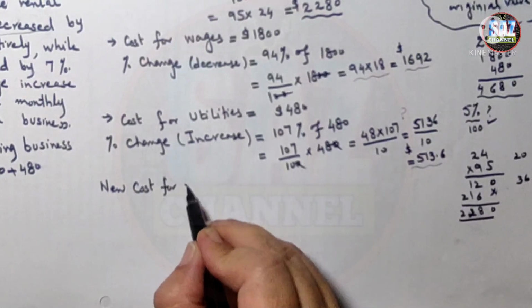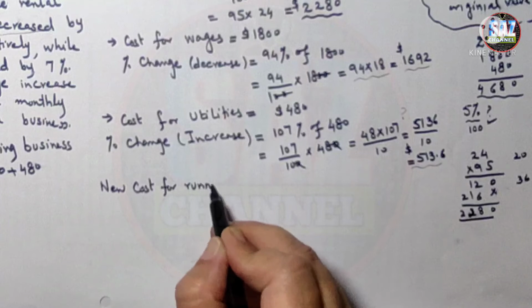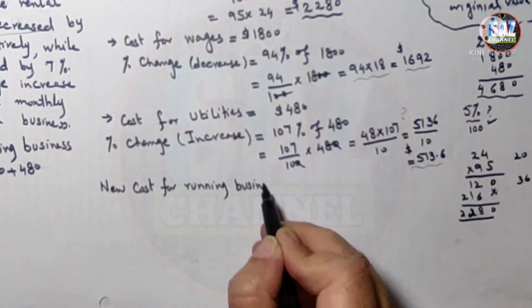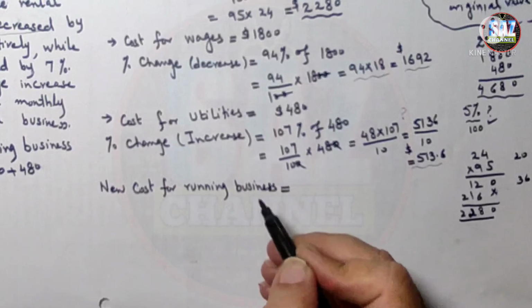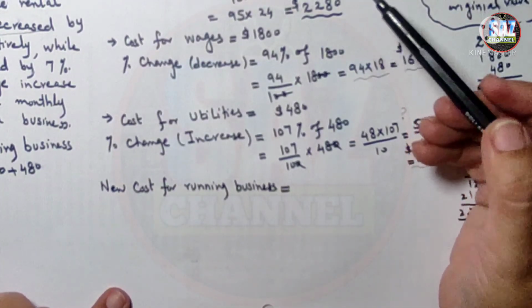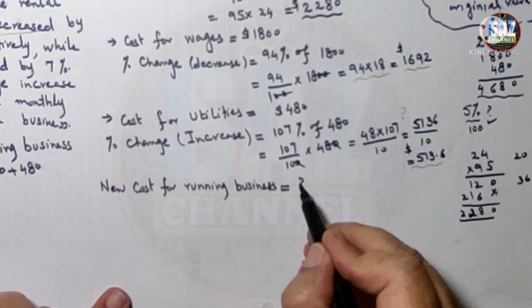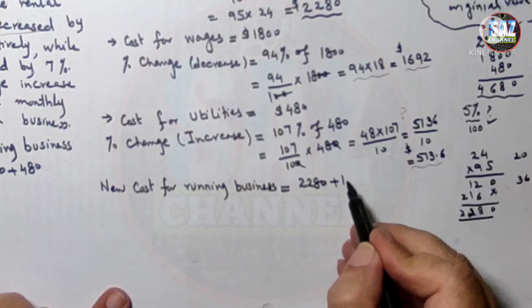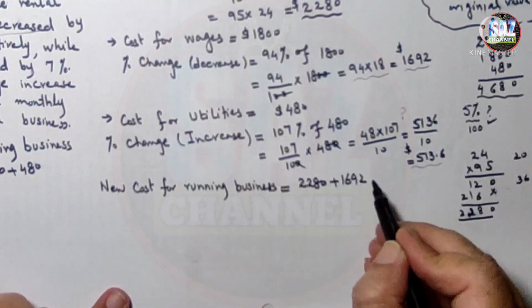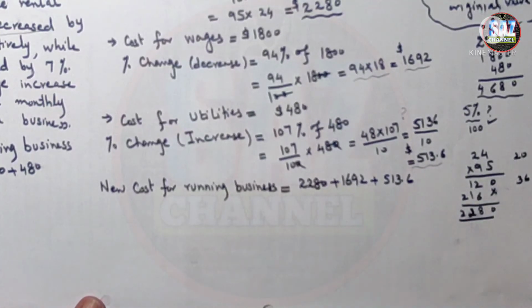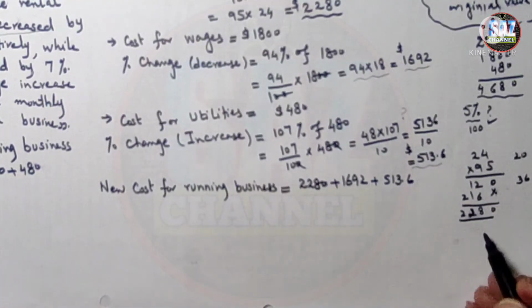So the new cost for running the business equals what? The decreased retail space rental, that is 2280, plus 1692, plus 513.6. Again I have to add them up carefully.